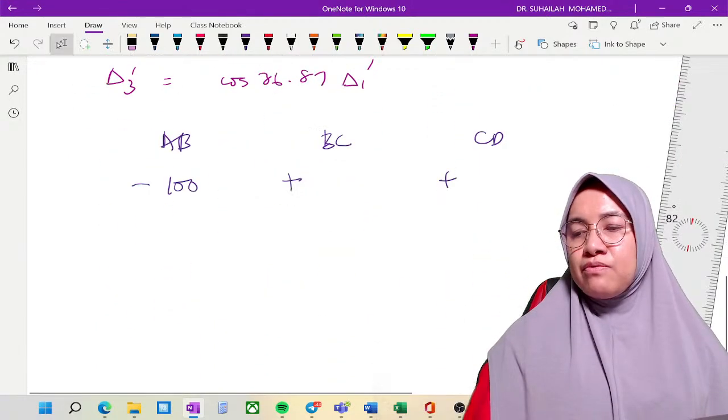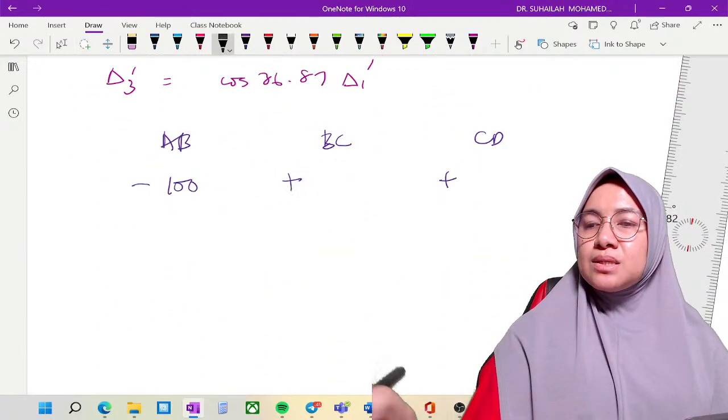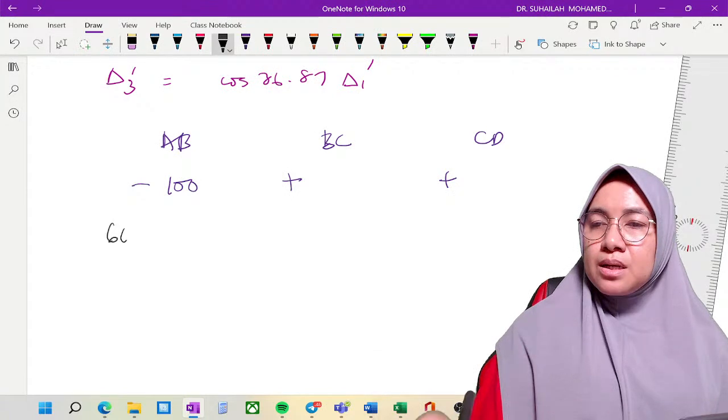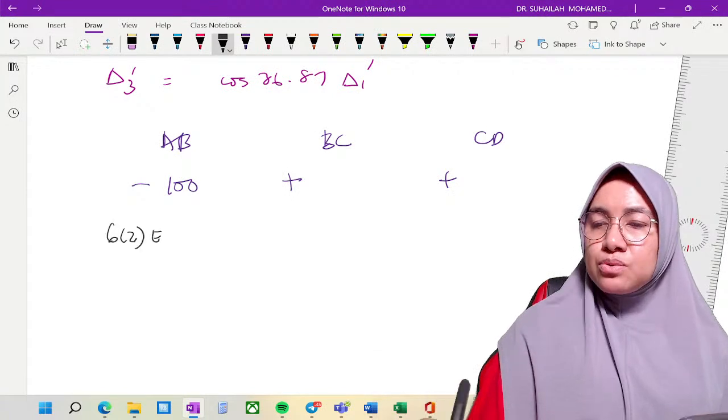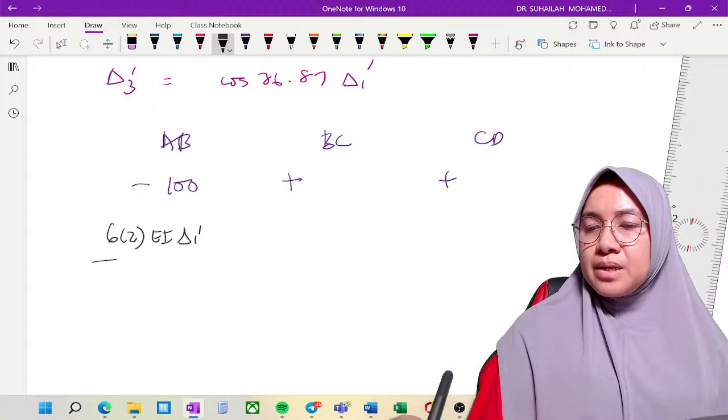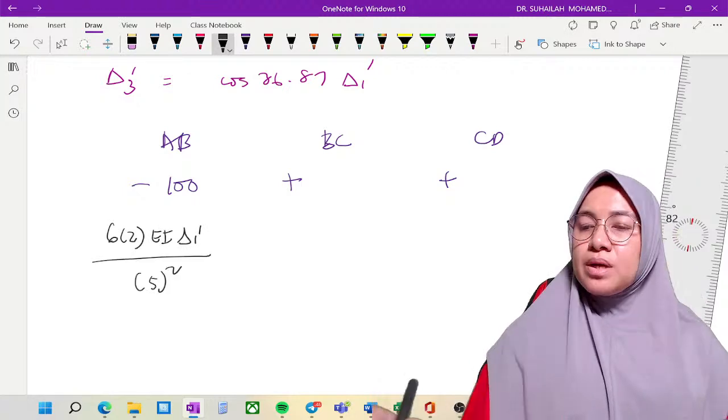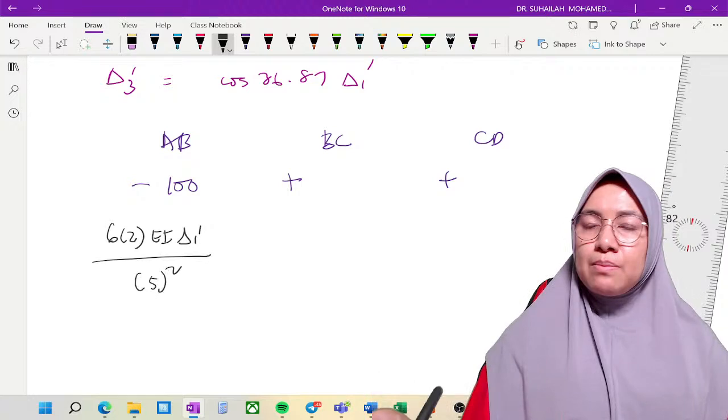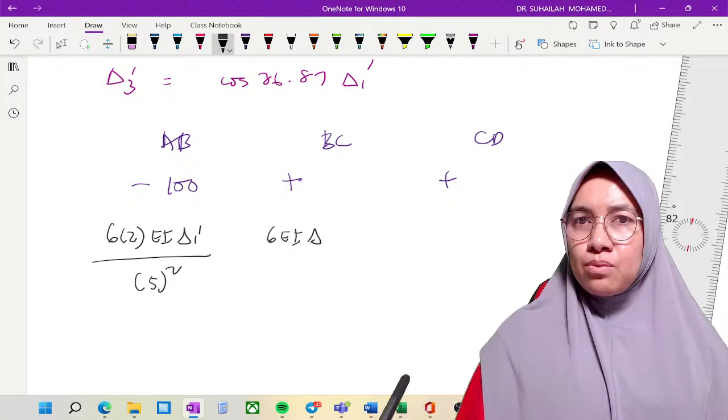So it is 6 times 2 EI delta 1 prime divided by 5 square. Number 2, 6 EI delta 2.